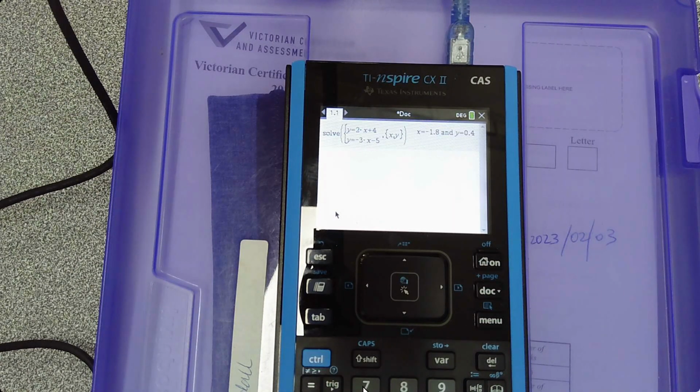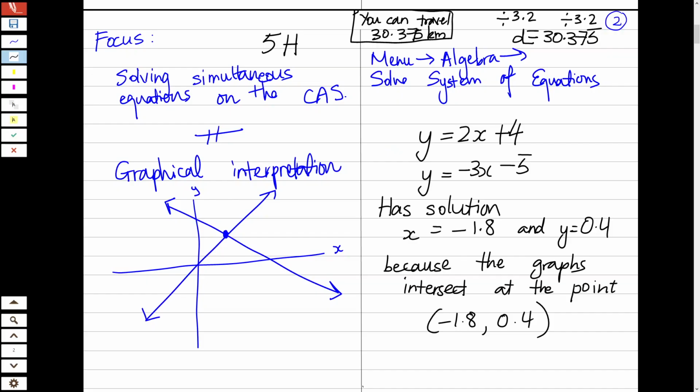Okay, so did everyone get negative 1.8 and 0.4? Yeah. All right, is that the same as what we had earlier? Yes.